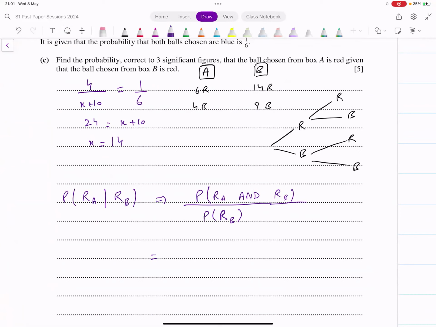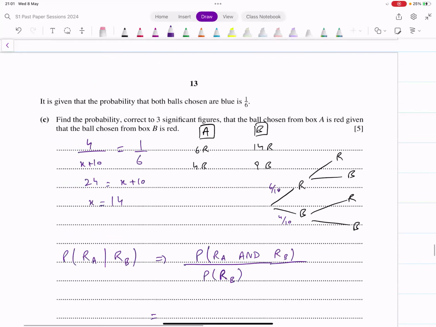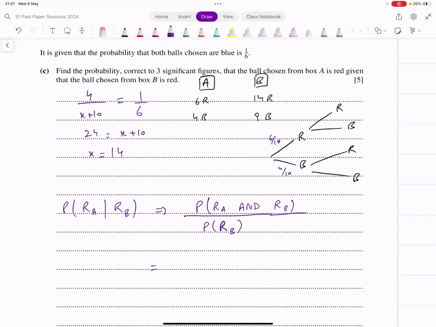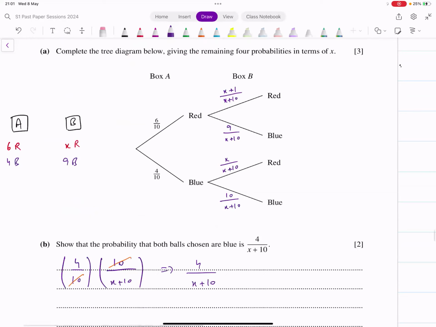What was the probability for the first time? 6/10 and 4/10. The second time, for red, it was x plus 1 over x plus 10. Now we know x is 14, x plus 1, that is 15/24. And then this would be 24 minus 15, that's 9/24.